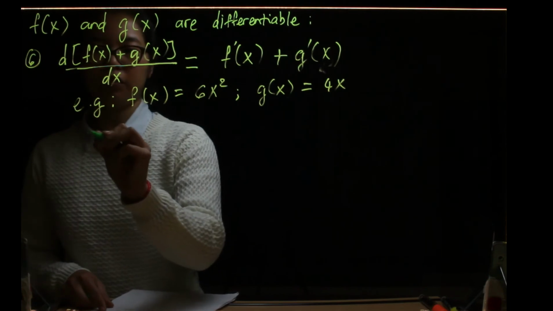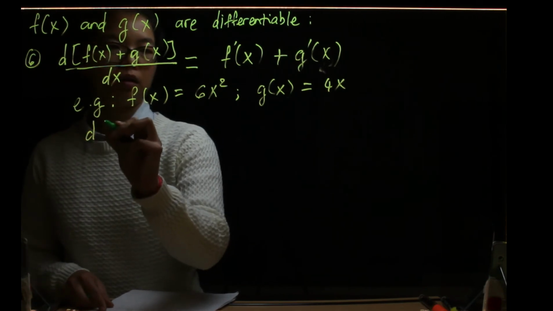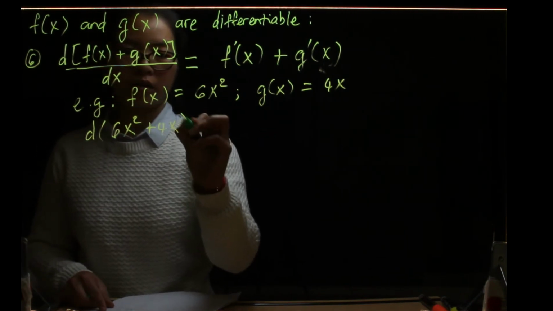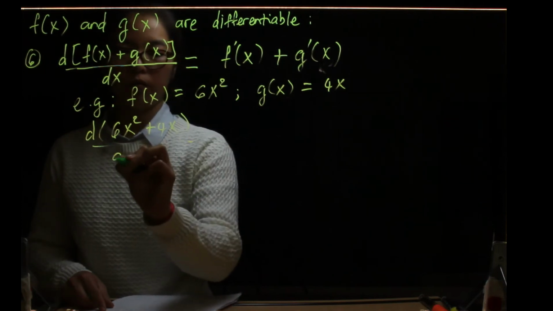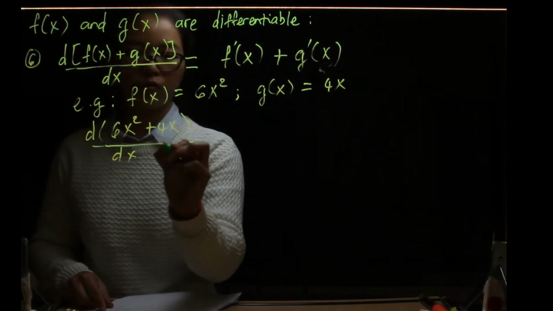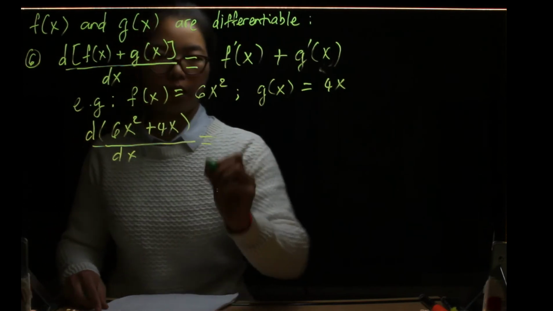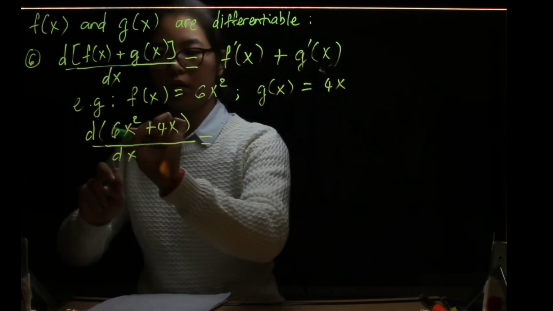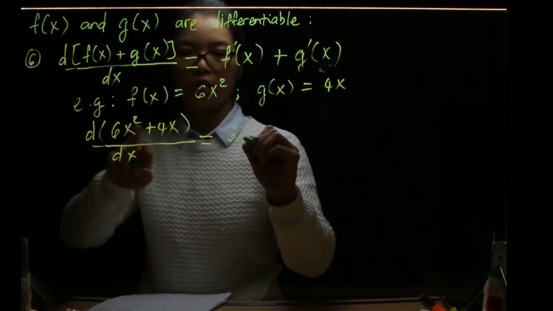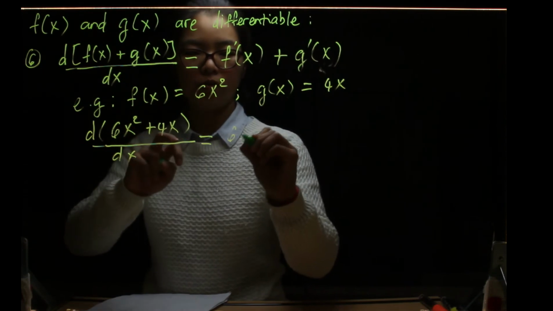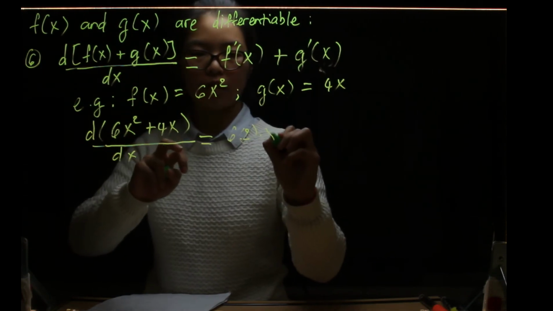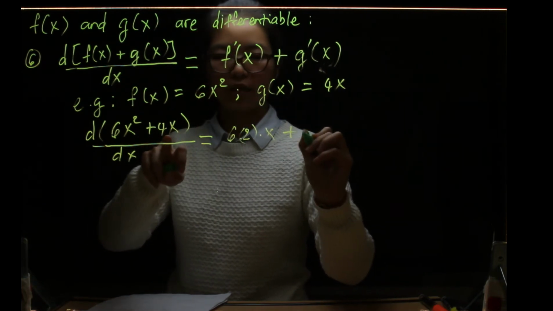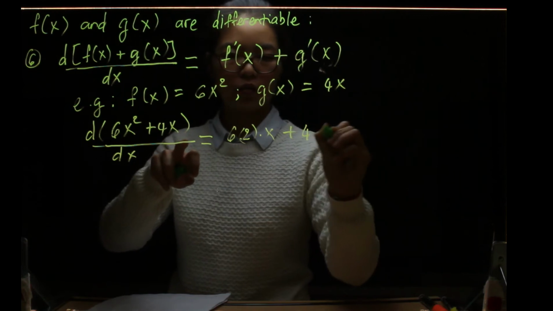So the derivative of 6x squared plus 4x with respect to x as usual will be the derivative of the first one, 6 times 2 times x to the power of 1, plus the derivative of the second function, 4x, so it's 4, right?